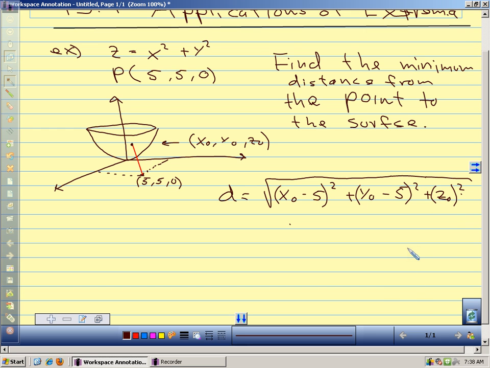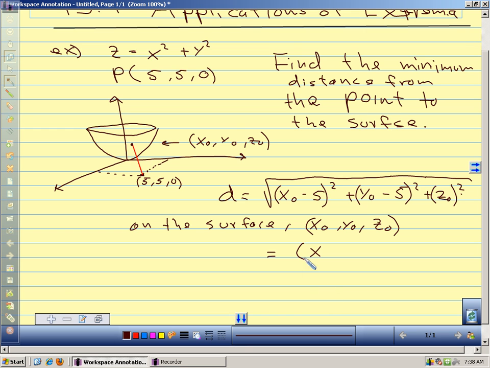On the surface, we don't know what this point is. So on the surface, how can we express x0, y0, z0 in terms of what we know about the surface? What if we call x0 x?